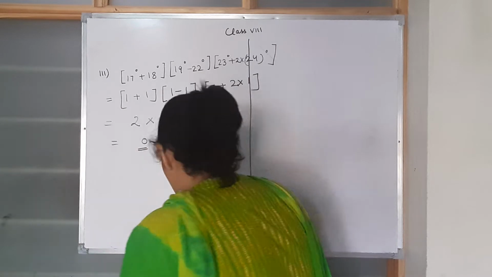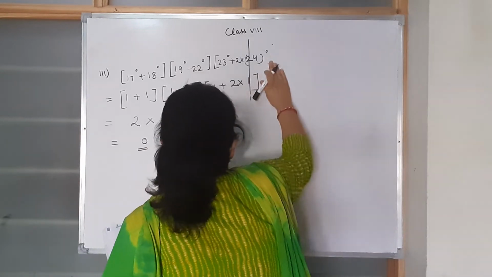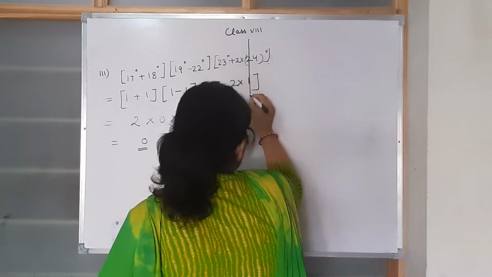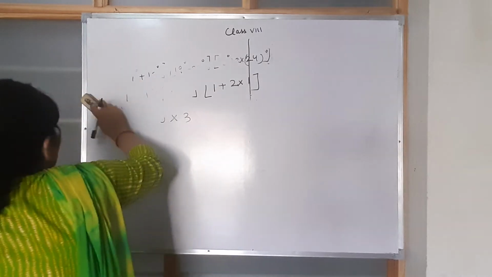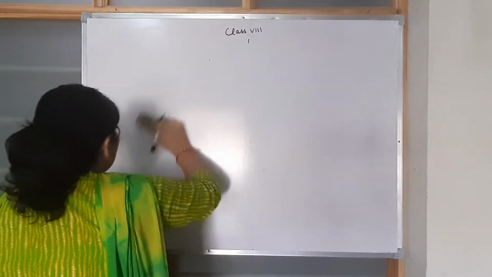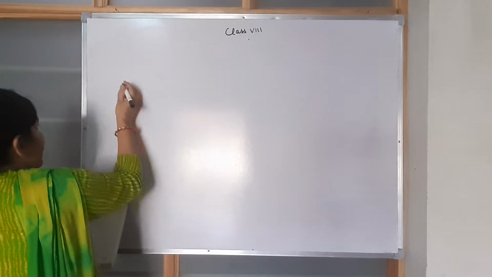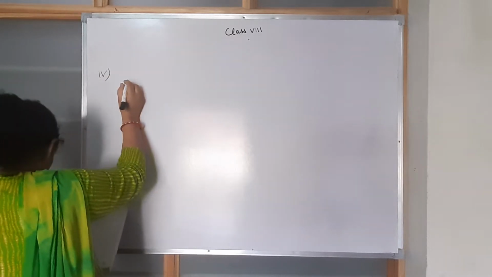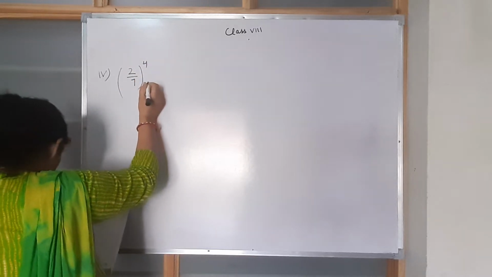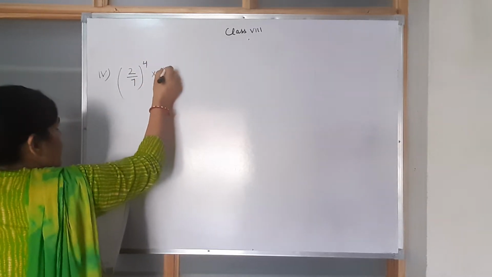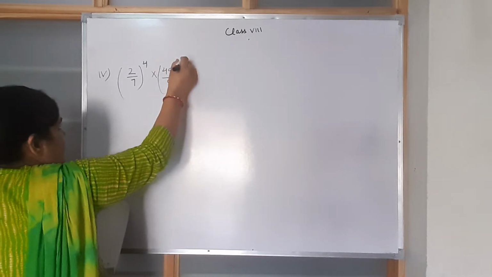We have the next part, fourth. Alright, I am just explaining the fourth part. In part 4 we have 2 upon 7 raised to the power 4 into 49 upon 8 raised to the power 4.